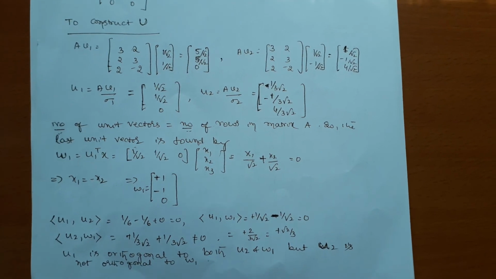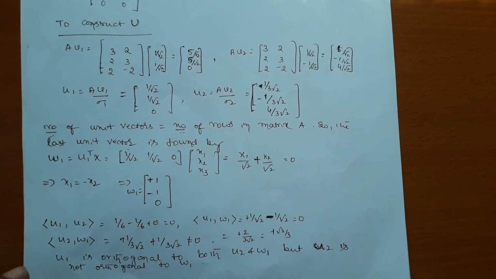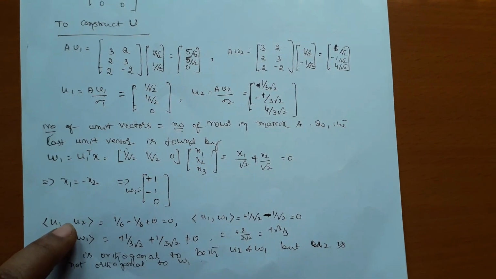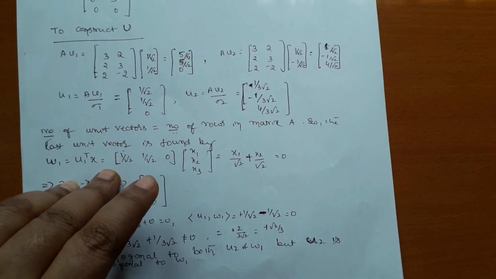From U1 transpose of x equal to 0, we get W1. Once we get W1, you find the inner product. U1 is orthogonal to U2 and W1, but U2 is not orthogonal to W1. Therefore pick U2 and W1.